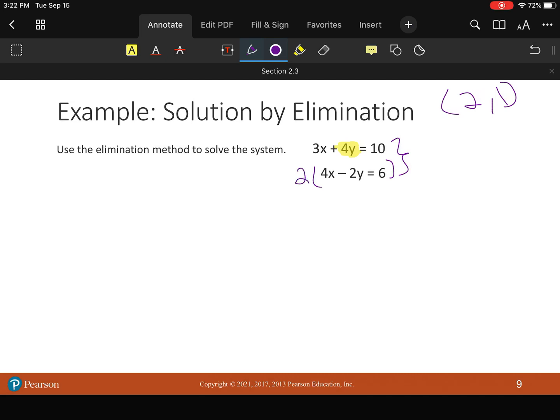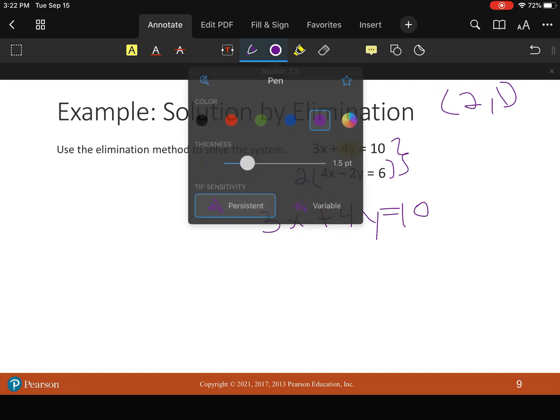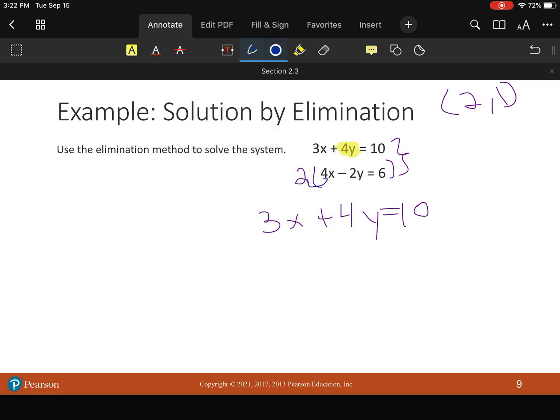We're going to multiply everything in that second equation by 2. You keep your first equation, 3x plus 4y equals 10. Your second equation becomes 8x minus 4y equals 12.